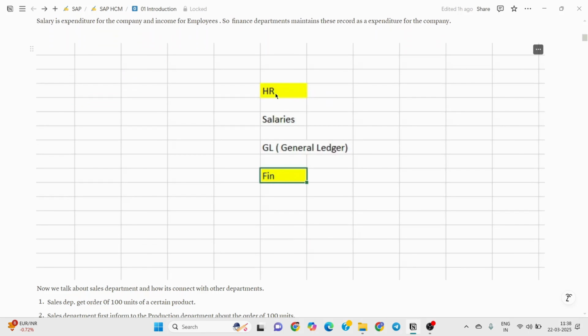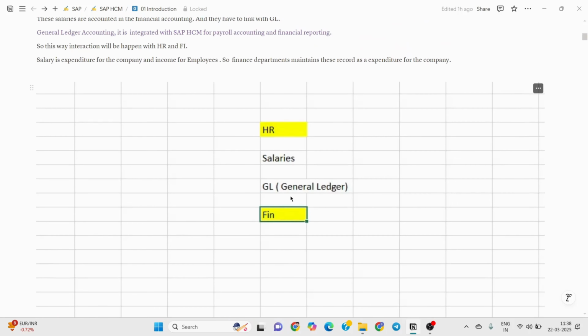The finance department is directly connected with the general ledger accounting system. The general ledger accounting system is integrated with SAP HCM for payroll accounting and financial reporting. It means that the general ledger accounting system maintains all the financial things, all the financial records of a company.